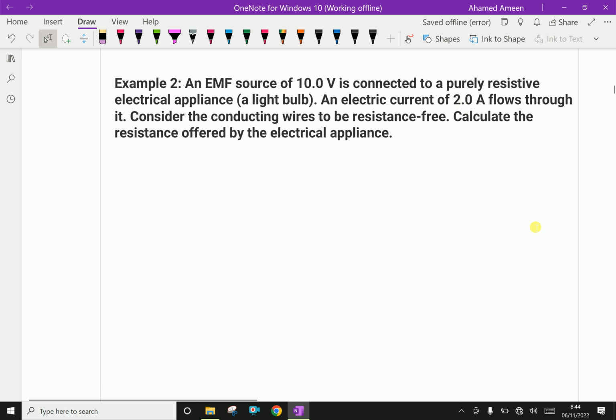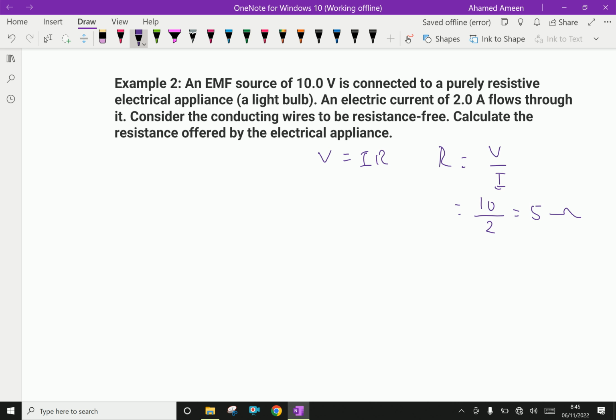We know the formula V equal to IR. We need to calculate the resistance, R equal to V over I. V is 10 volts, I is 2 amps, that is 5 ohms. Resistance of the appliance is 5 ohms.